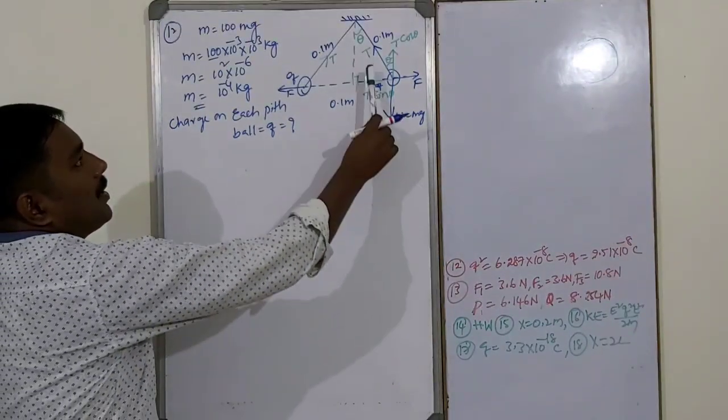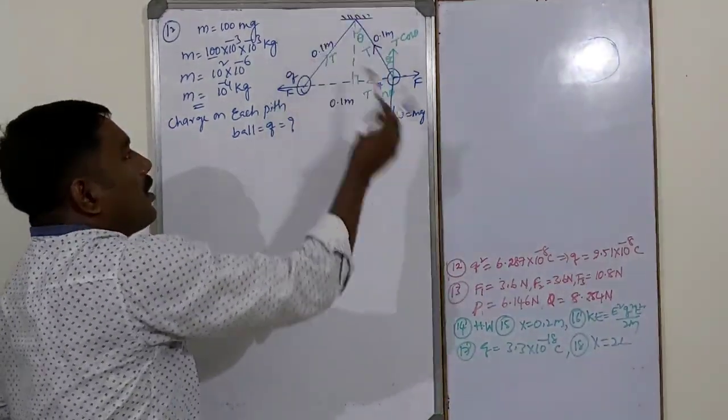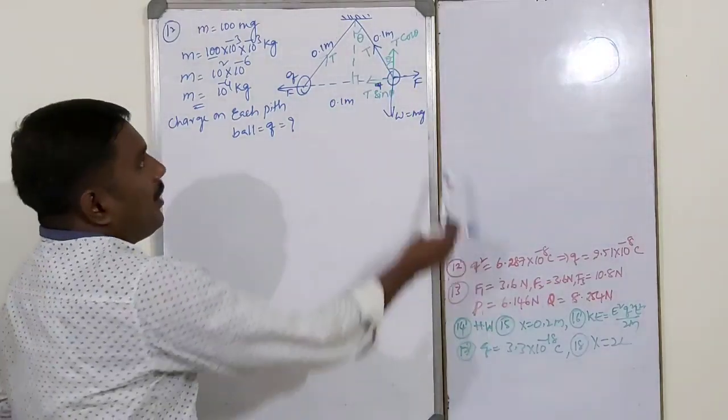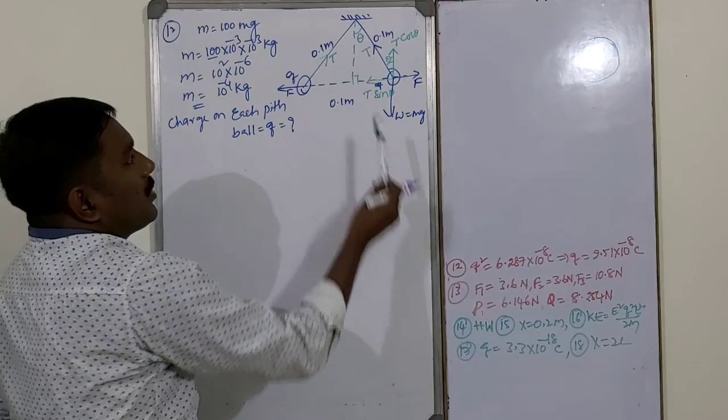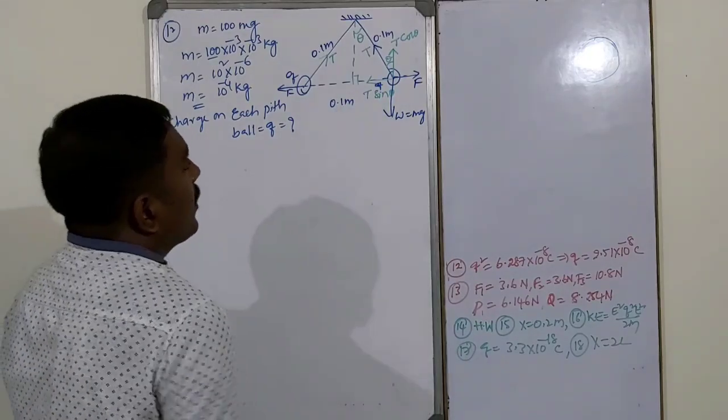Okay students, this is the tension. The direction of tension is along the thread towards the origin. It can be resolved into two components: the vertical component T cos theta and the horizontal component T sin theta.